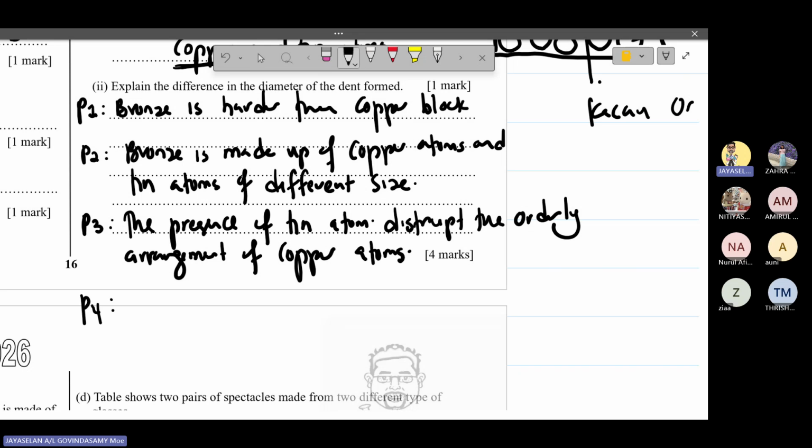Point number 4. The layer of atom will slide or does not slide? Does not slide over each other when force is applied. Therefore, they are strong. Okay. Last point.